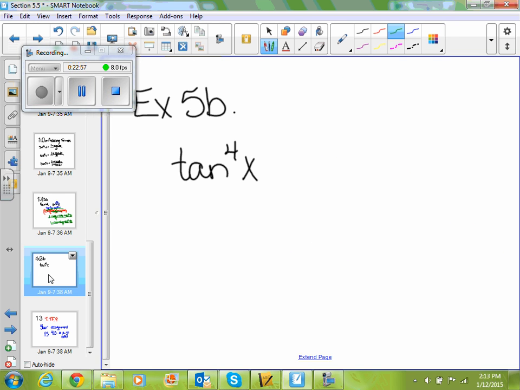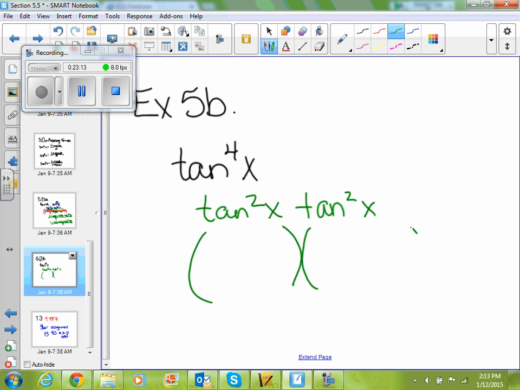We'll do the same thing for tangent to the fourth of x. Tangent to the fourth of x is tangent squared of x times tangent squared of x. And we know tangent squared of x is 1 minus cosine of 2x over 1 plus cosine of 2x.